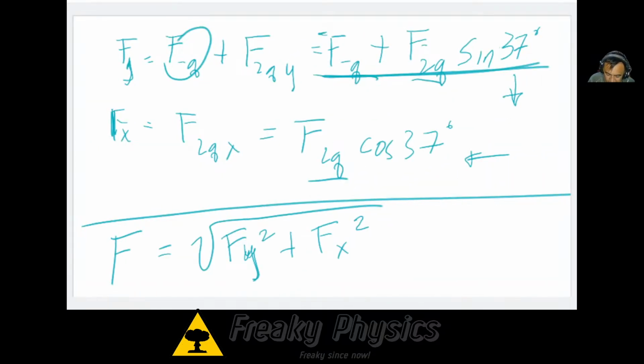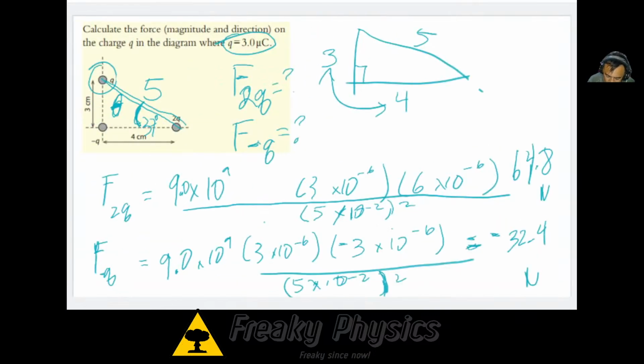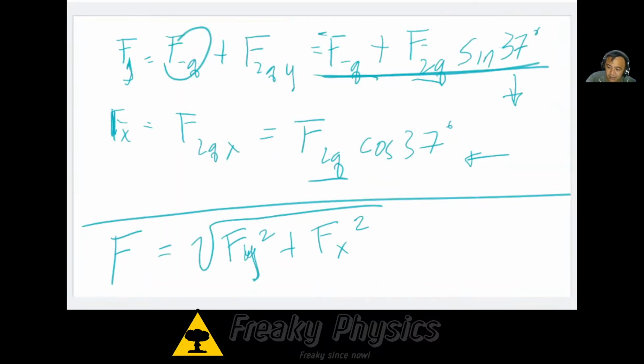What do we get? Let's do that one, 30. Okay, so let's do the other one. 37, take the sine of that, times 64.8.